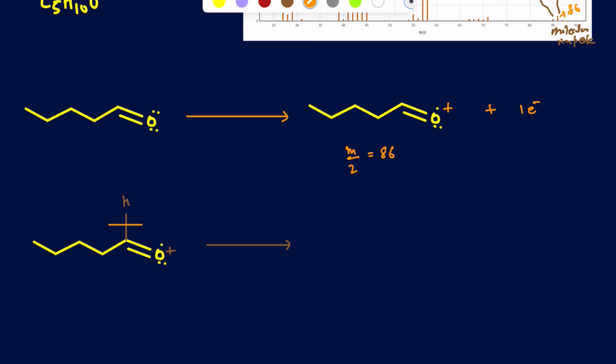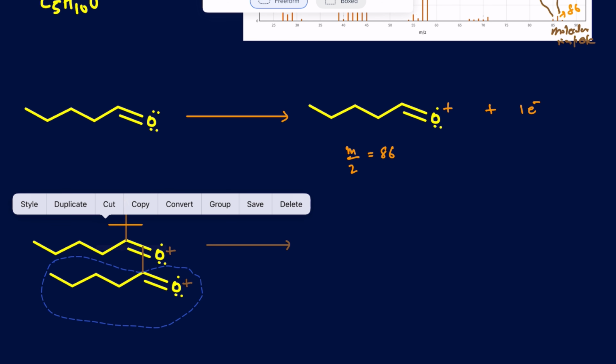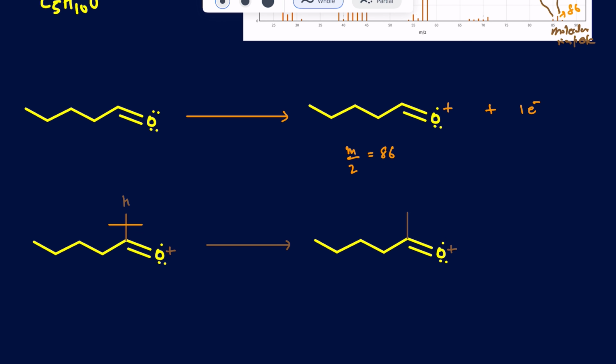If I get rid of this hydrogen, I'm going to end up making an acylium ion. So I'm just going to copy this down here. And that acylium ion would now have a triple bond. That's how you make the acylium ion. You would have a triple bond here with oxygen with a positive charge, and obviously you can draw a resonance on that, and you have a hydrogen radical.